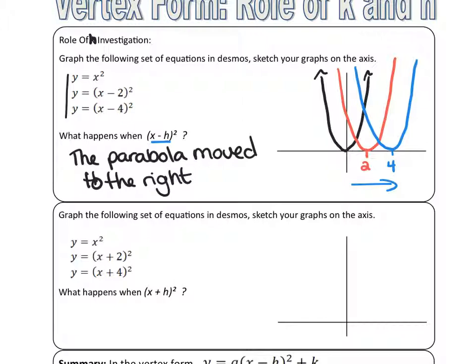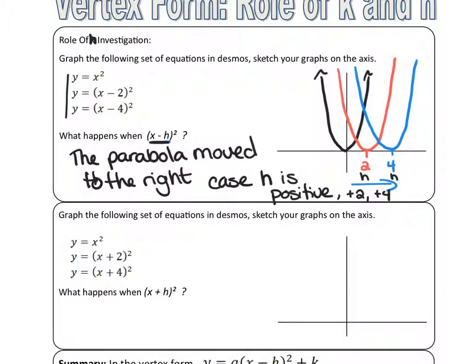And in this case h is positive. So this is h for the one and this is h for the other. So it's positive 2 and positive 4. So even though it's x minus h, it moved in the positive direction. So our h is actually considered positive. This makes more sense when we look at the vertex, and the vertex here is at plus 2 and the vertex here is at plus 4.